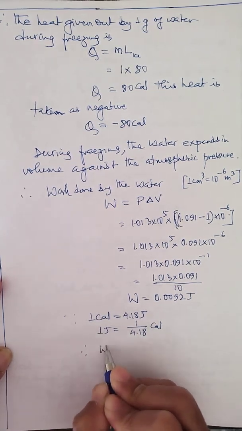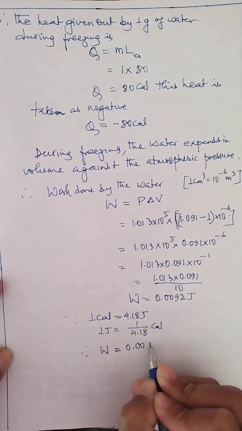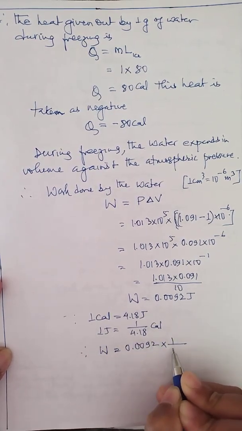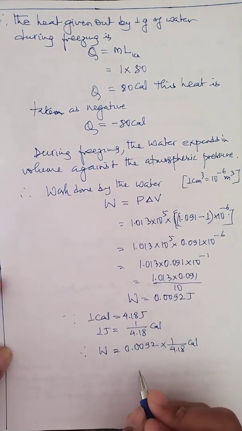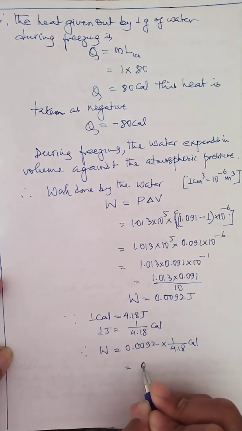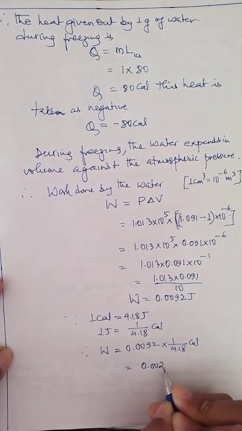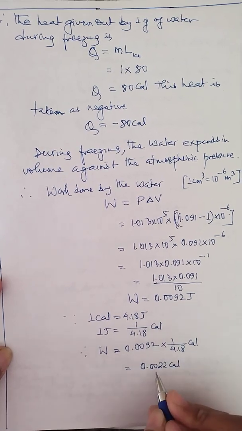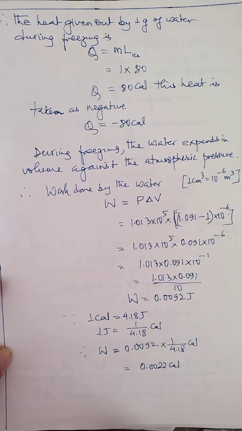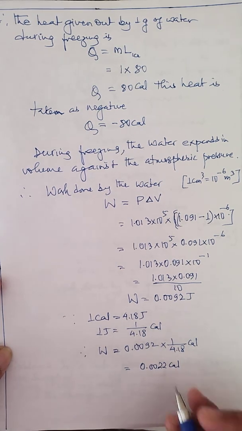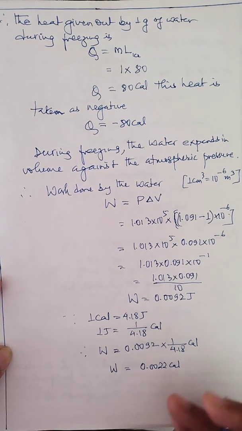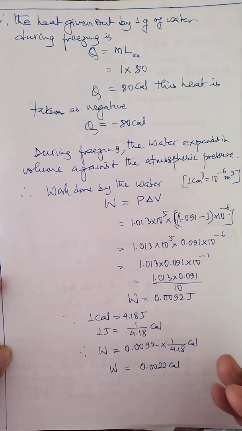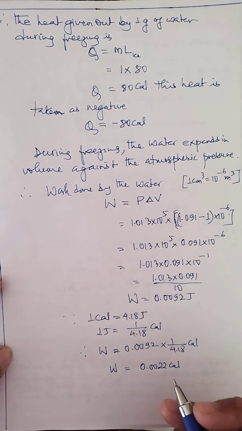Therefore W equals 0.0092 into 1 by 4.18 calorie. If you do the calculation, it will be approximately 0.0022 calorie. So this is the work done, calculated in calorie.